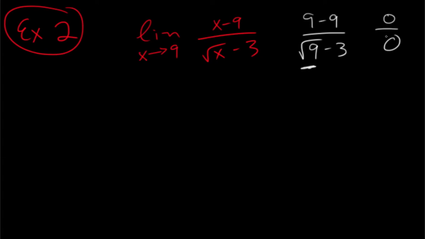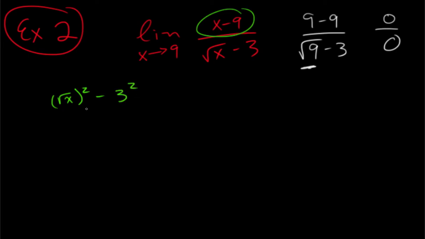Now, we'll learn in the future different algebraic ways to manipulate this. Actually, I'm just going to show you. We can think of the top as a difference of squares, which it doesn't immediately look like. But what if we thought of it as the square root of x squared minus 3 squared?